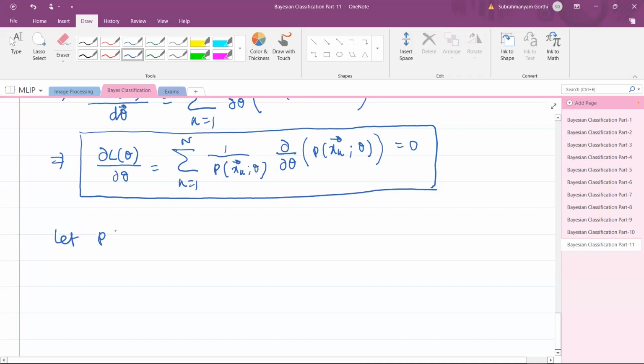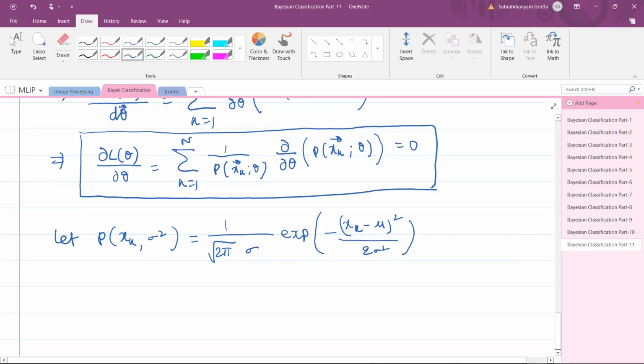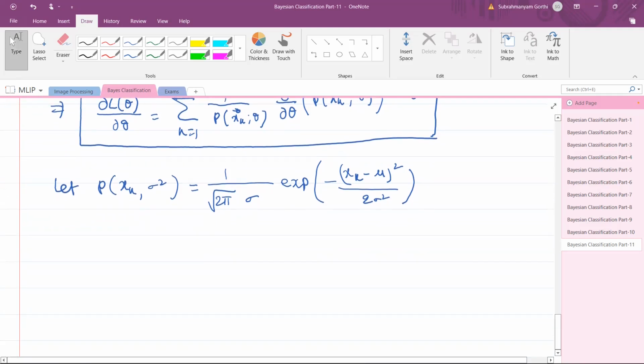Assume that your probability of x_k comma sigma square is equal to 1 over square root of 2 pi into sigma into exponential of minus (x_k minus mu) whole square by 2 sigma square. The assumption here is that I already know the mu value. Now you compute sigma square.